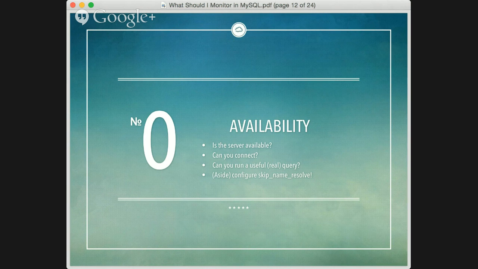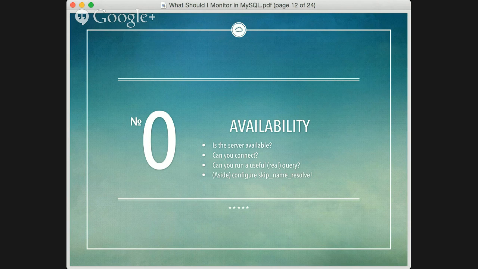So you need to run some kind of useful query, something that actually touches real application tables, preferably with the real application user, and even more preferably from a real application host, so that you're not, for example, falsely thinking that your application can get to the database when a firewall rule has changed and only the Nagios server can get to the database.